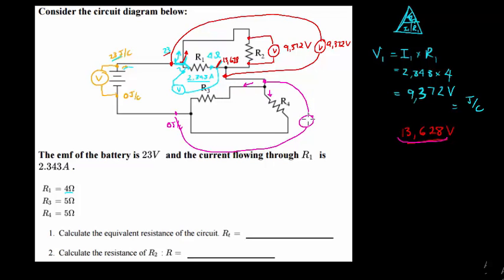So this voltage reading here must equal 13.628. Can you see how just getting the voltage reading here gave me so much more information about this whole complex system? It's a very complex system.